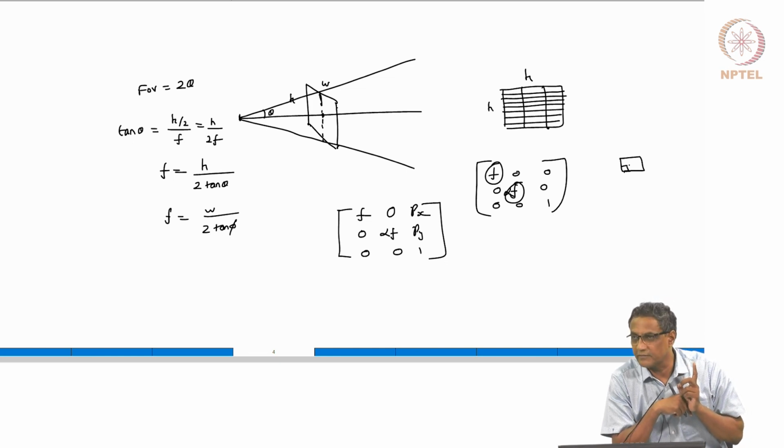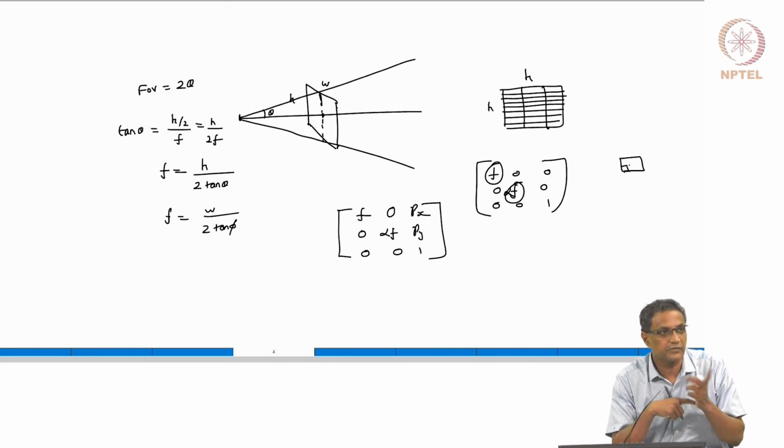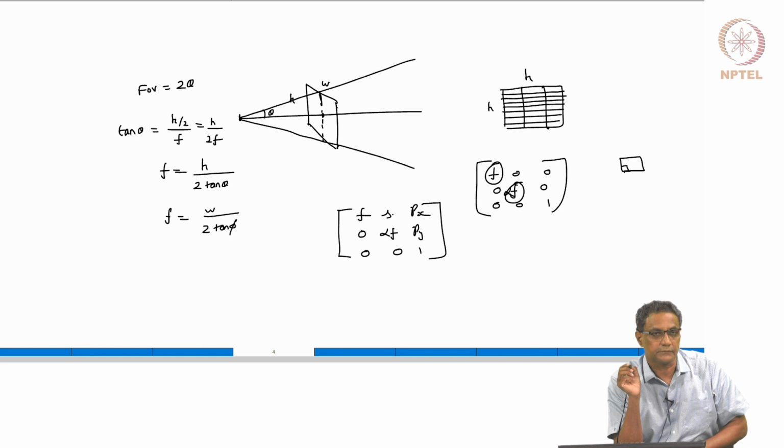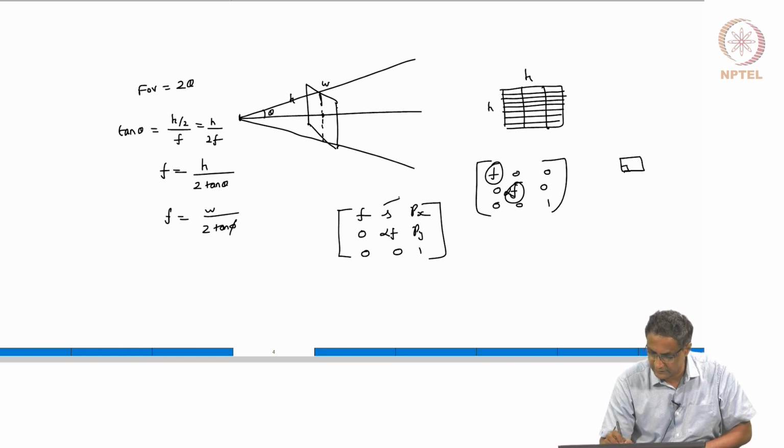What was that operation which could turn something perpendicular to something else? Shear, right? So sometimes this need not be exactly orthogonal. You could have a little bit of angle between them. They may not be 90. So to account for that, this parameter here is turned into shear S.